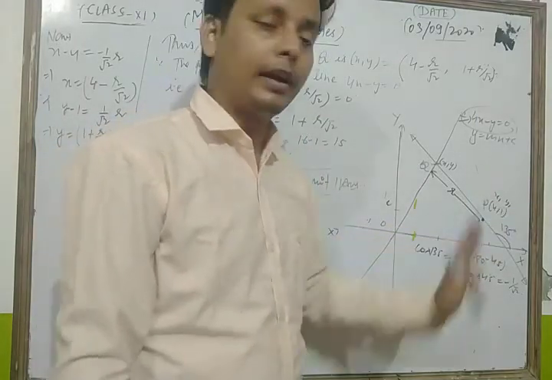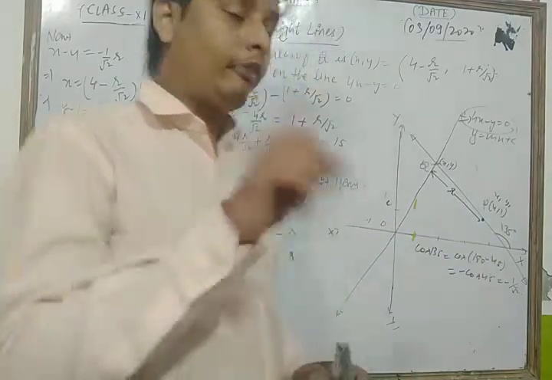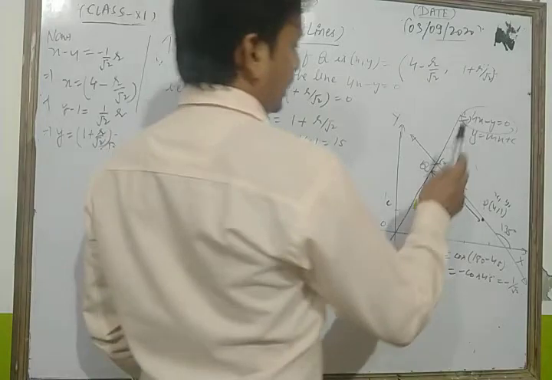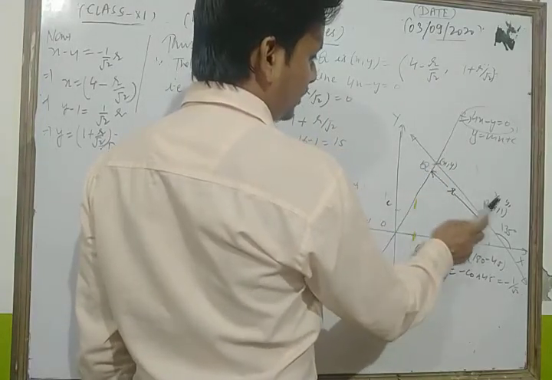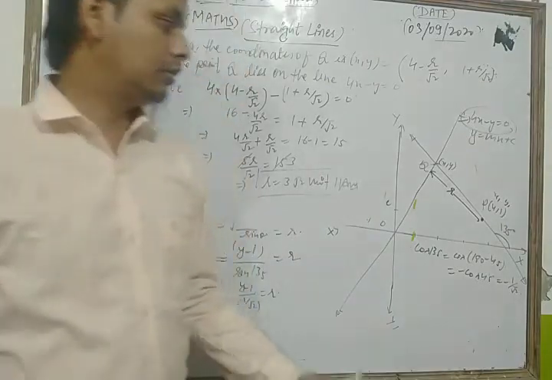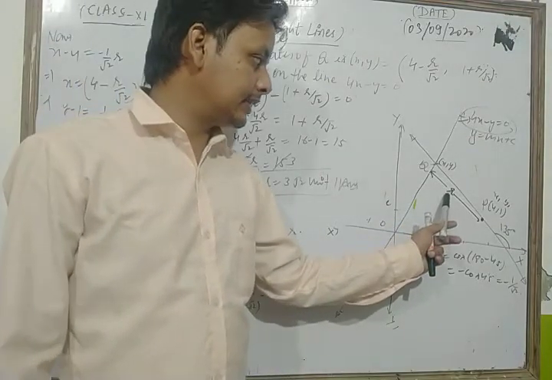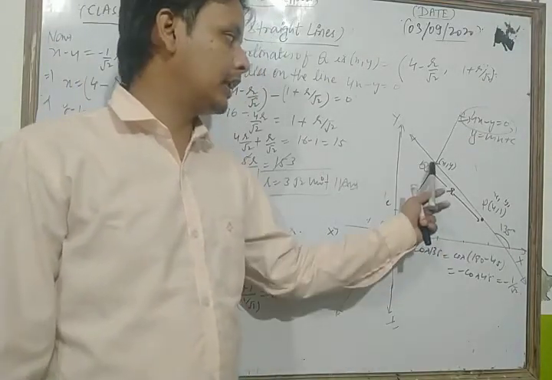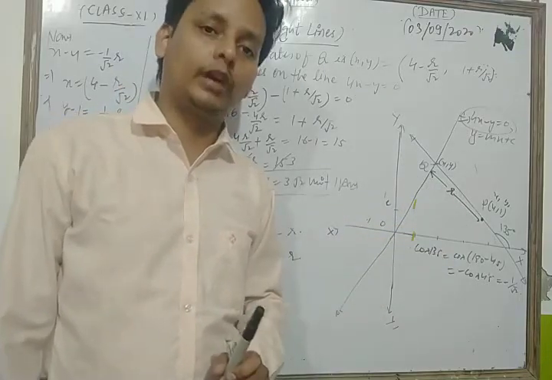So in this way we form another line, and now we find the distance from the point (4, 1). As you know from the previous derivation, let r be the distance from the line to the point (4, 1).